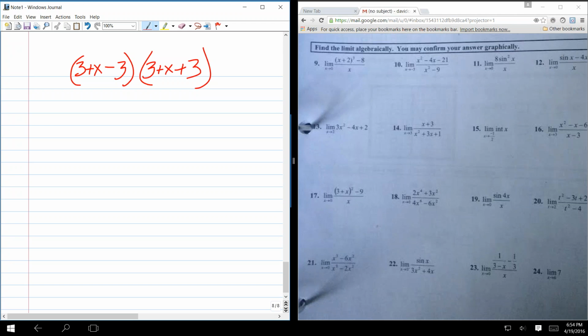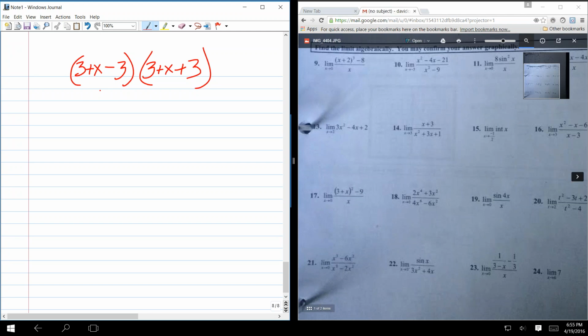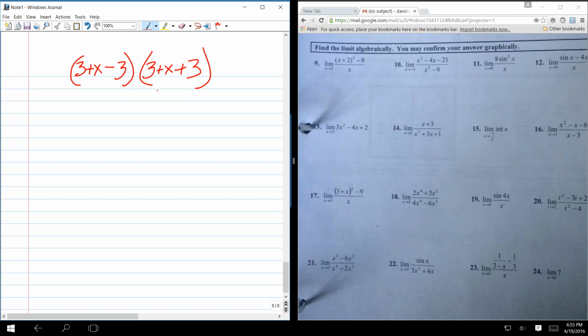Just x plus 3? It's 3 plus x plus 3. In other words, I'm treating a as this quantity right here. So I have a squared minus b squared. B is 3. So I can more easily, if I see it, use difference of perfect squares, and then I bet all these 3's are going to go away.